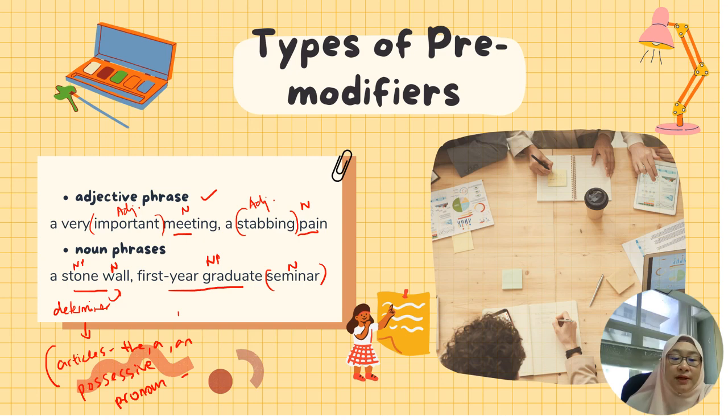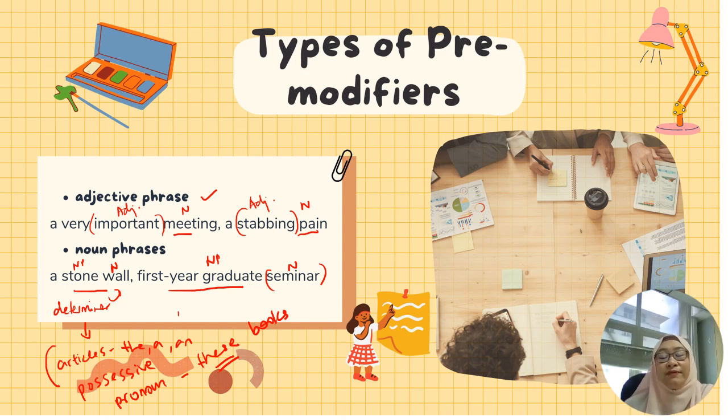So possessive pronoun, for example, these books. This is in the form of a noun phrase or a determiner, and it modifies the head, books. So that is what it means by noun phrases can modify another noun or a head noun.